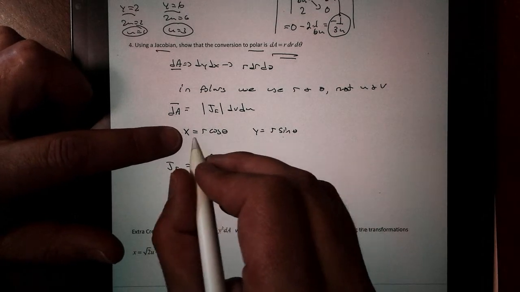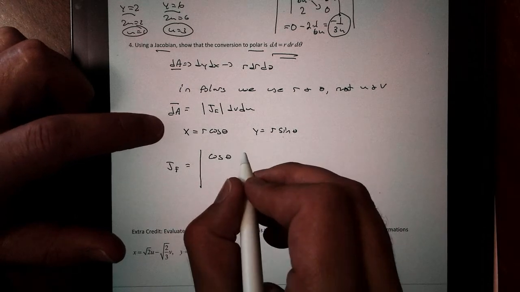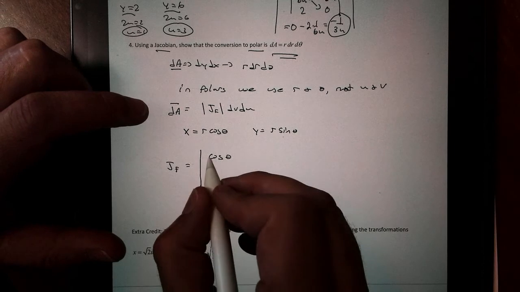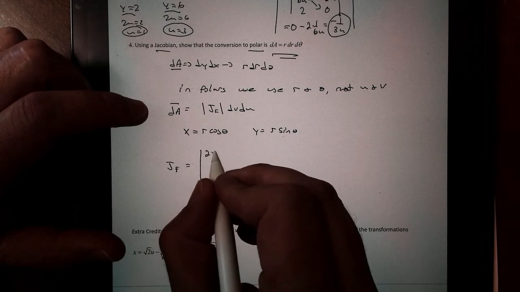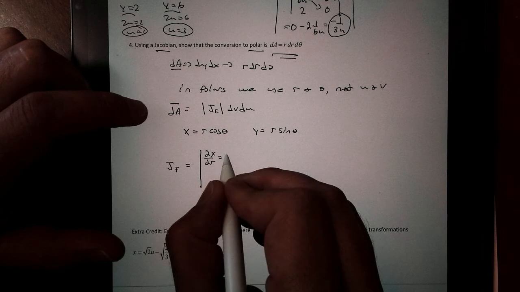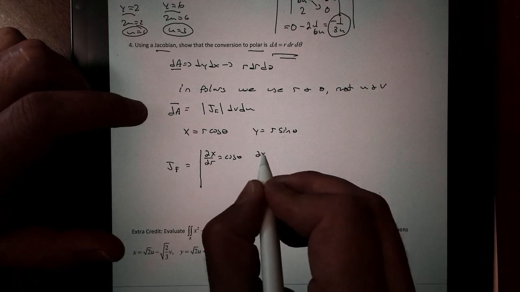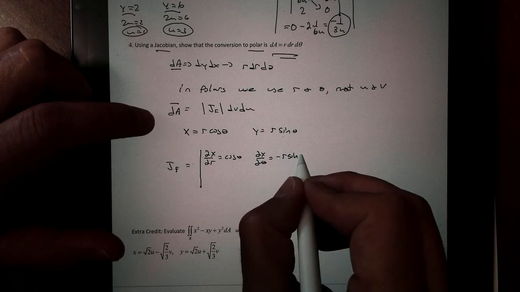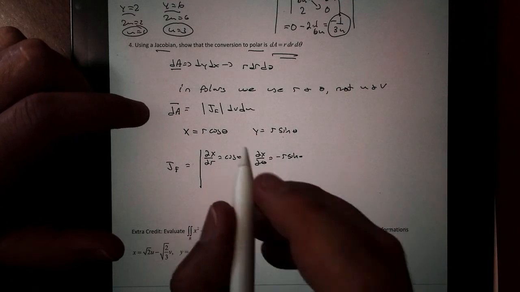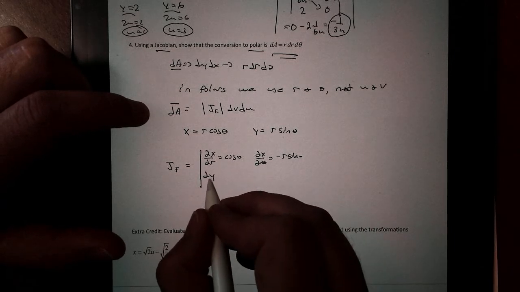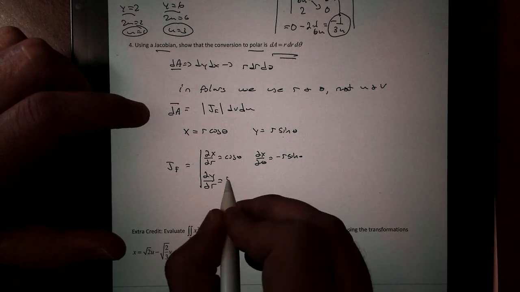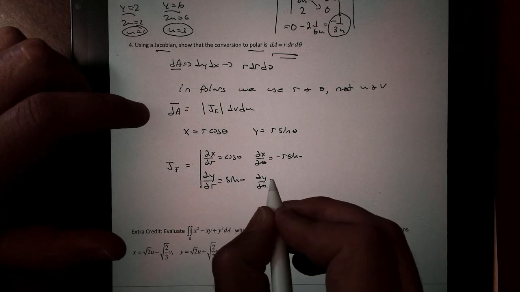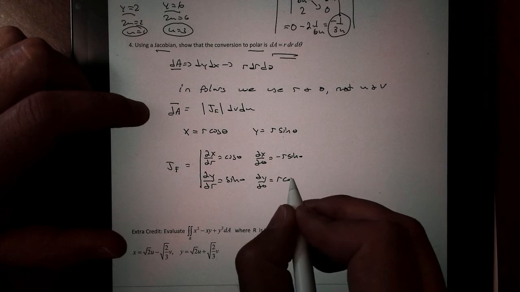The derivative of x with respect to theta is negative r sine theta. Now we want the derivative of y with respect to r, which is sine theta, and the derivative of y with respect to theta, which is r cosine theta.